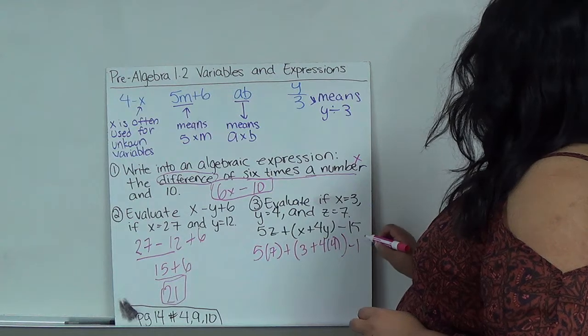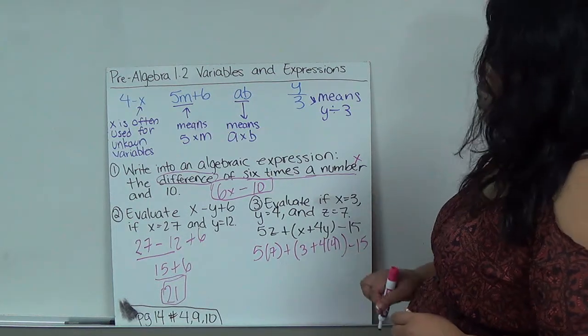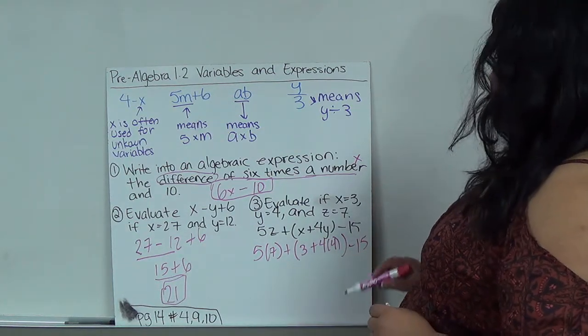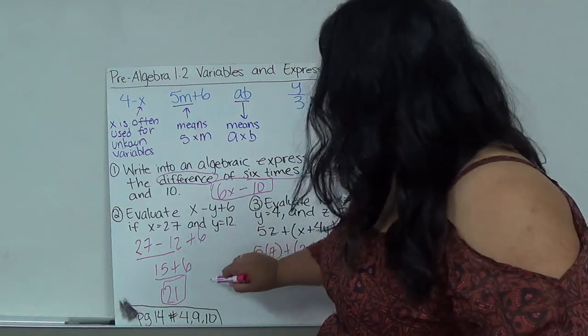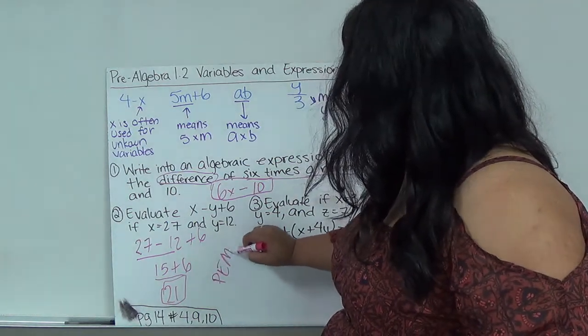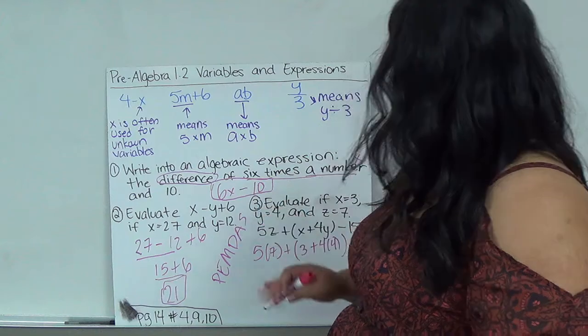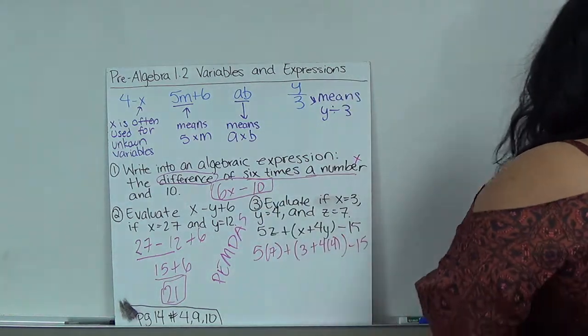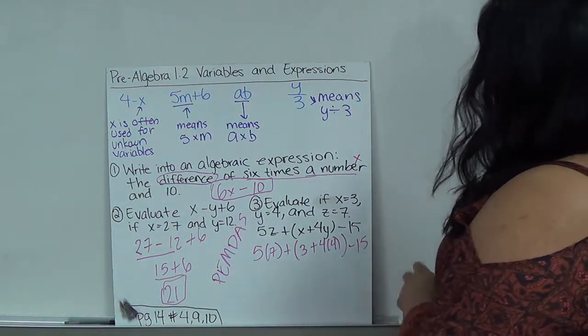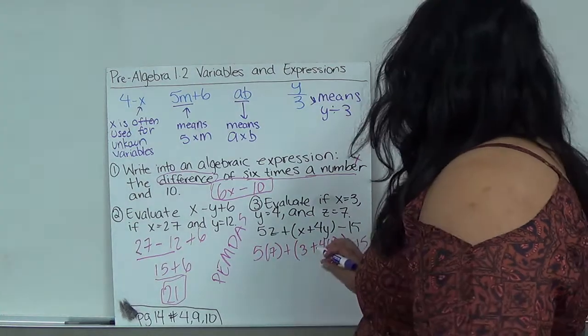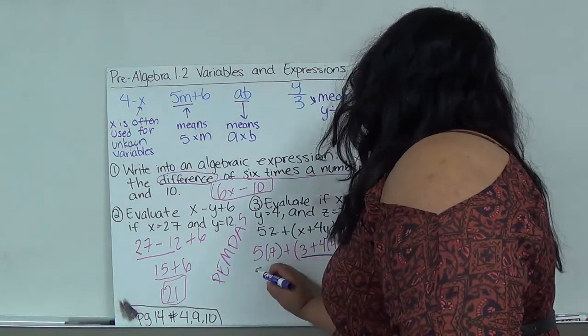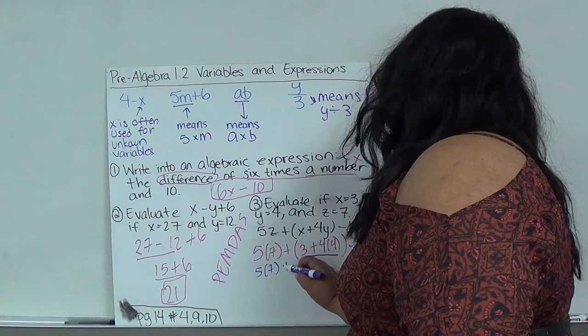And then minus 15. So this one is order of operations. Remember, order of operations, PEMDAS. So, just in case, first we're going to do parentheses, okay?